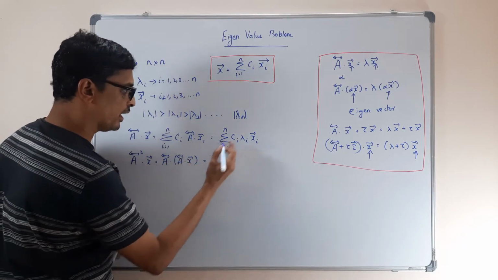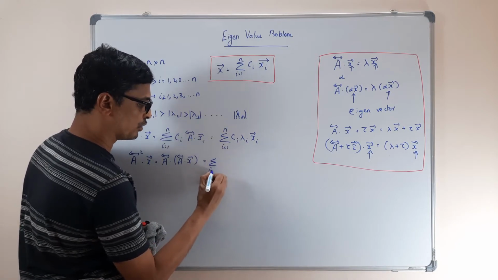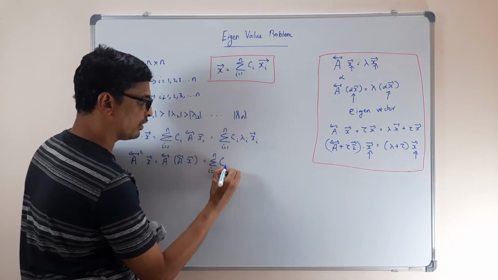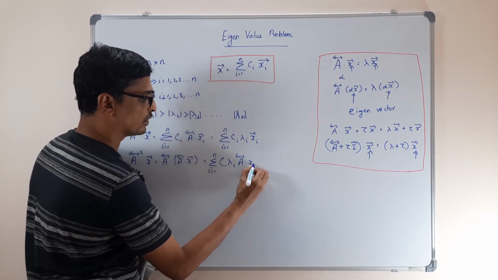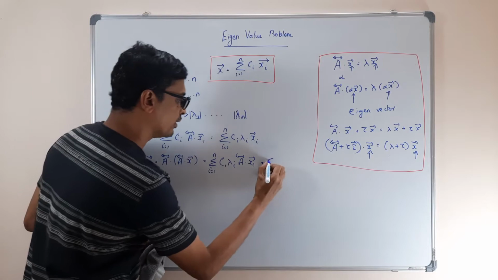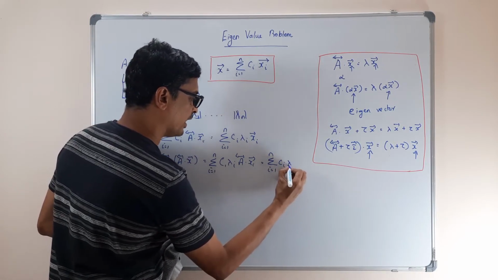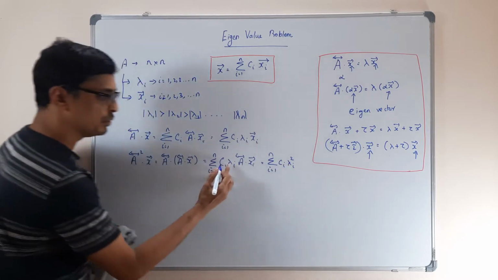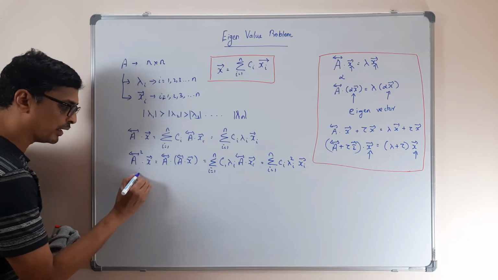When I operate again, the summation from i equal to 1 to n of c i, lambda i, into A operating on x i, becomes the summation from i equal to 1 to n of c i, lambda i to the power of 2, into the x i vector.